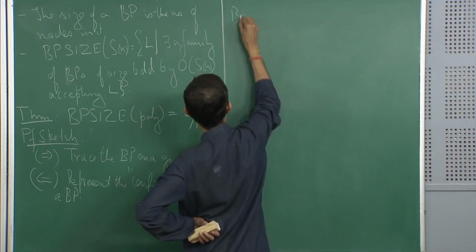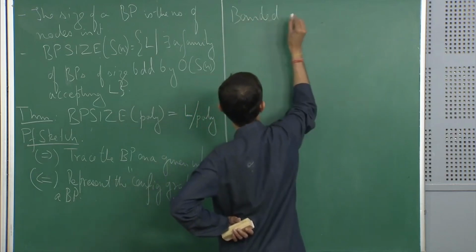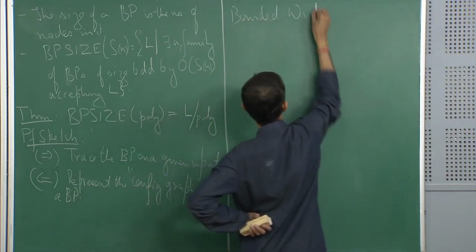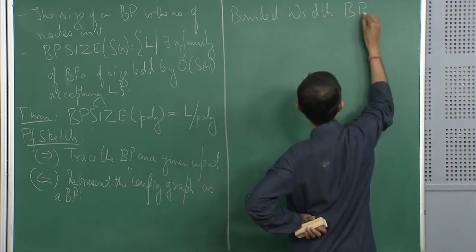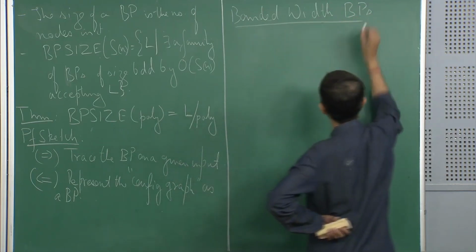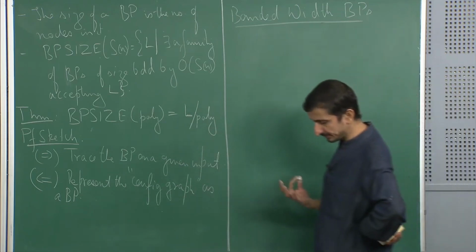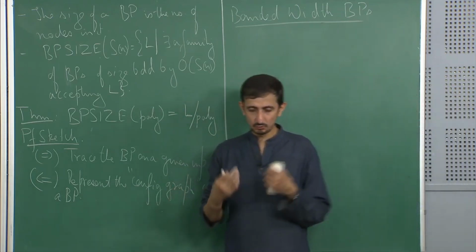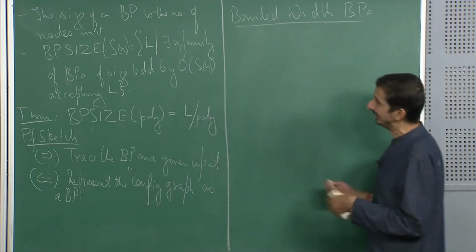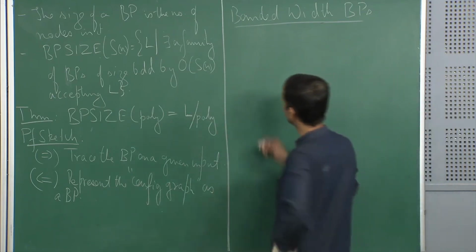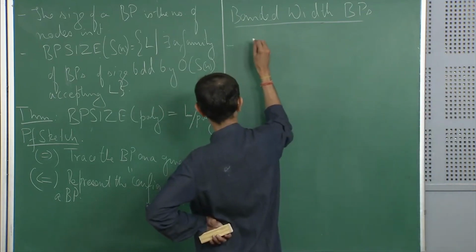For bounded width branching programs, how do we define them? We define a layered DAG. So, from a DAG we define what is called a layered DAG.